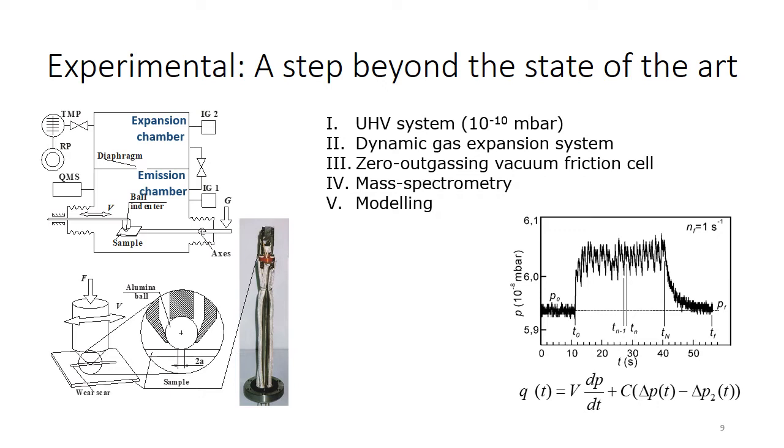Also, what is very important is to be sure that the gases which you measure come out from the sample, from the interface between the sample and the indenter, and not from any other part of the system. So the system should be designed to avoid this parasitic gas emission from the supports, like in this system which we developed.